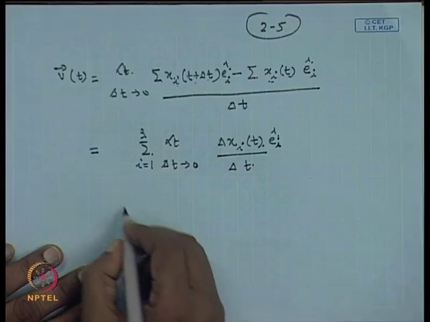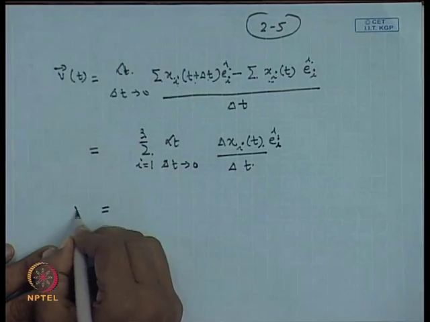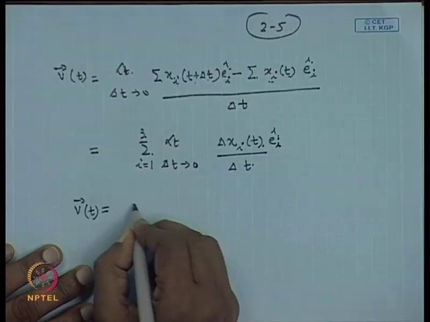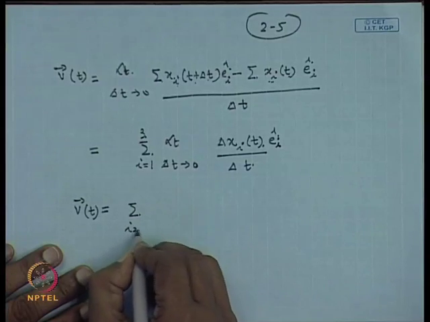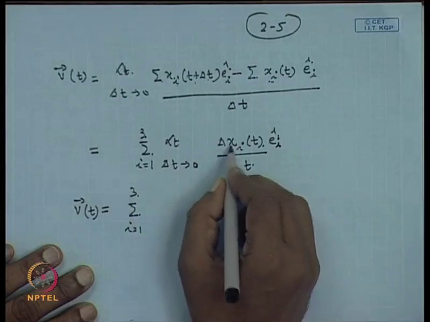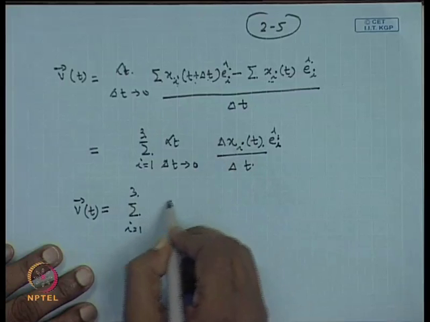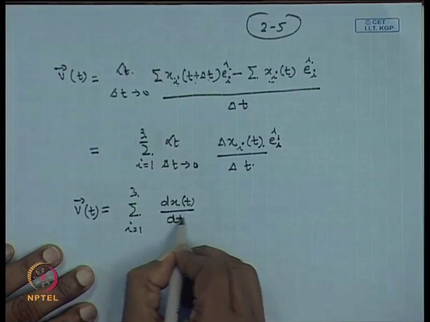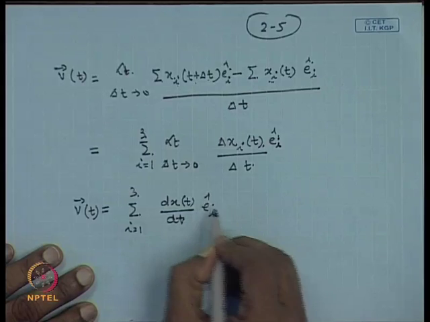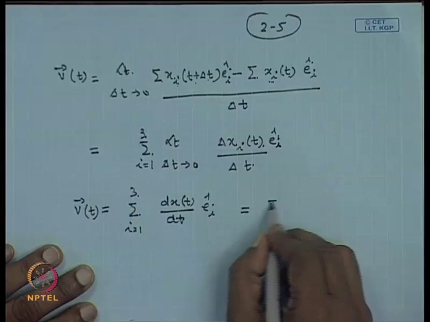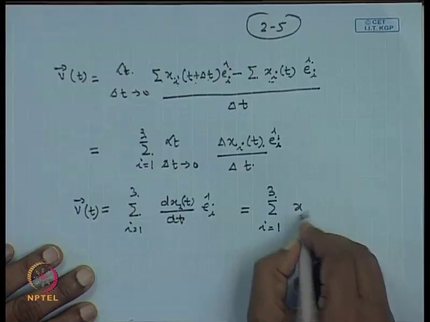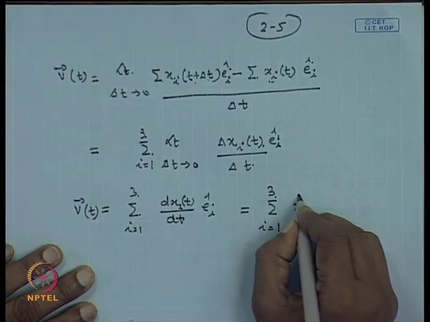Okay, now, you can see from this place that V then becomes equal to summation i equal to 1 to 3, and as the limit delta t tends to 0, we can write this as dx i t by dt and E i cap, and this often we write as x i dot.